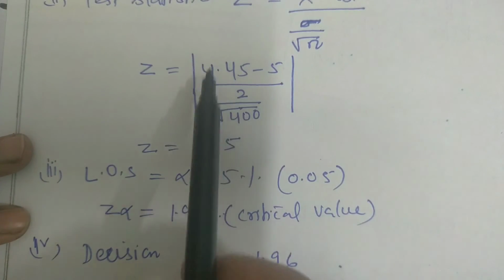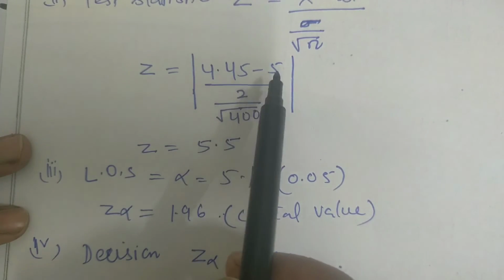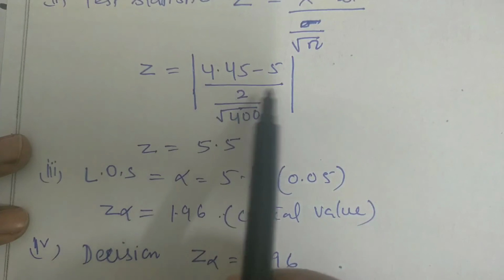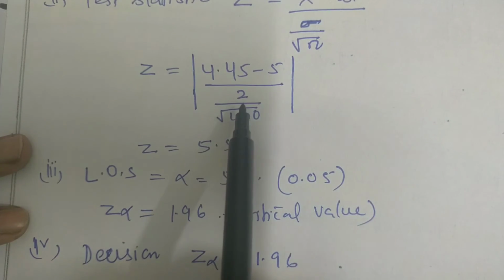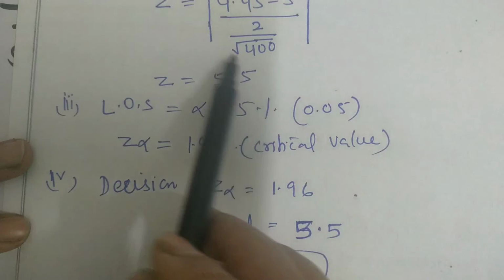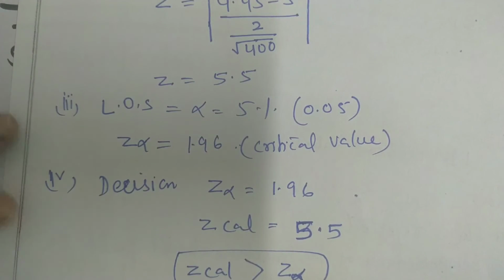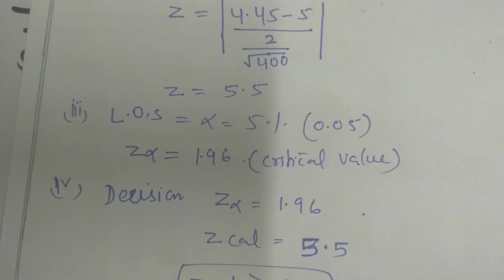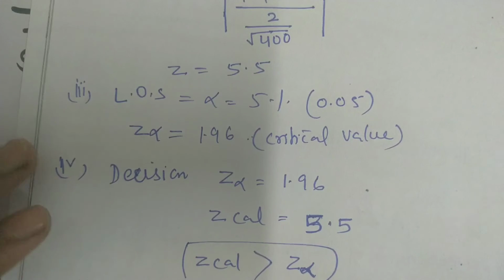So here the sample mean is 4.45 minus the population mean 5, upon the standard deviation 2 over the square root of your sample size. So Z you got 5.5, not percent, the Z value is 5.5.